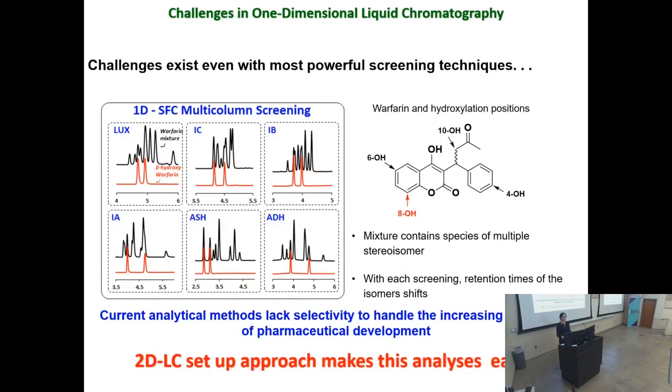All right, this is the example I just mentioned. With the first dimension SFC multi-column screening, we cannot get a very good method to monitor those components. So we considered the 2D-LC setup approach. It makes this analysis much easier.